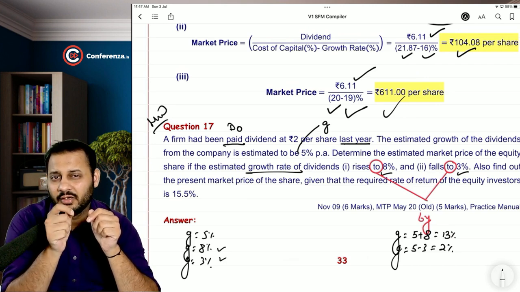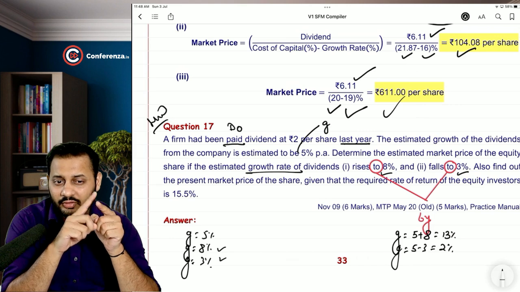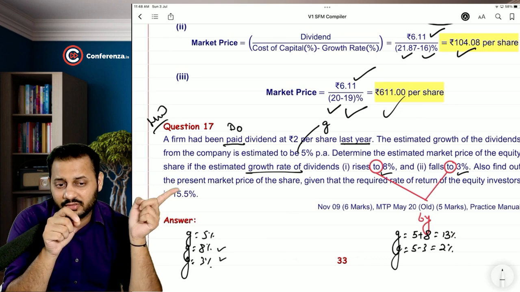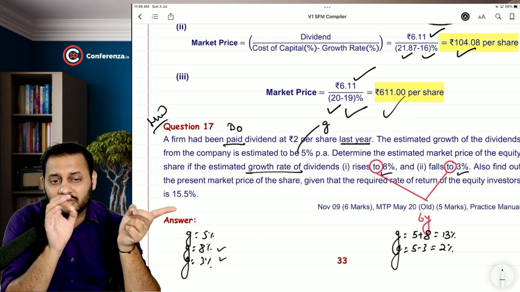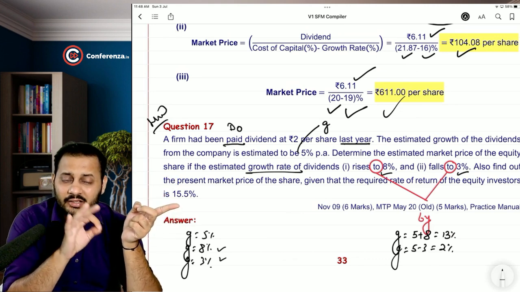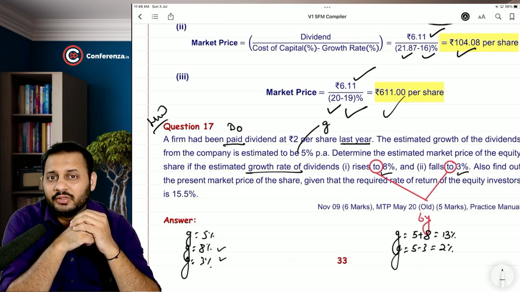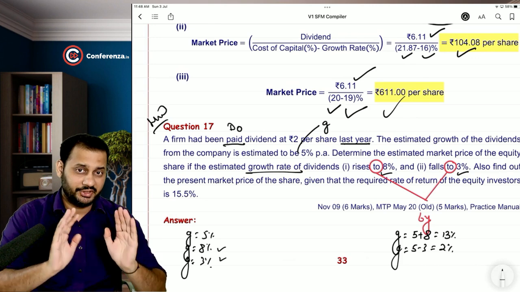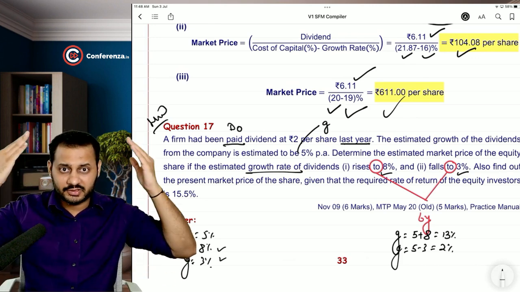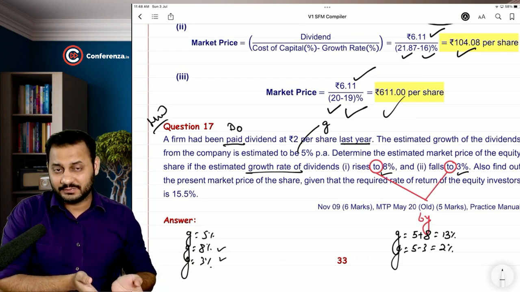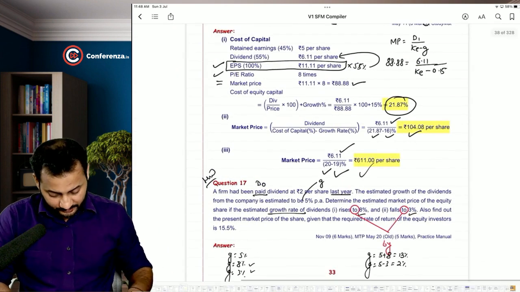You misinterpreted the word "by": instead of putting 2 there, they asked you rising by 8%, falling by 3%. Don't make that mistake. So be patient in the exam and don't be nervous. Whenever you are nervous, you tend to forget things. Rest is up to you.